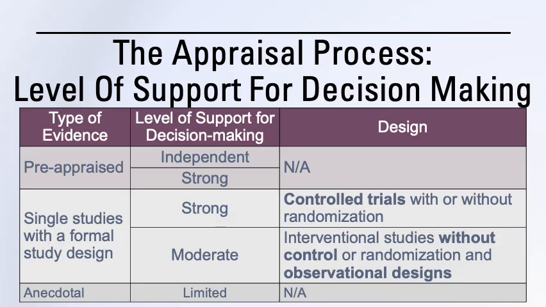We will go into more detail about the level of support for decision making when we talk about each type of evidence. What is nice when appraising the level of support for decision making is that if you follow the decision tree in Appendix D of the Johns Hopkins model, you will be guided through determining the level of support based on the type of evidence you have, and in the case of single studies, the design of the evidence.